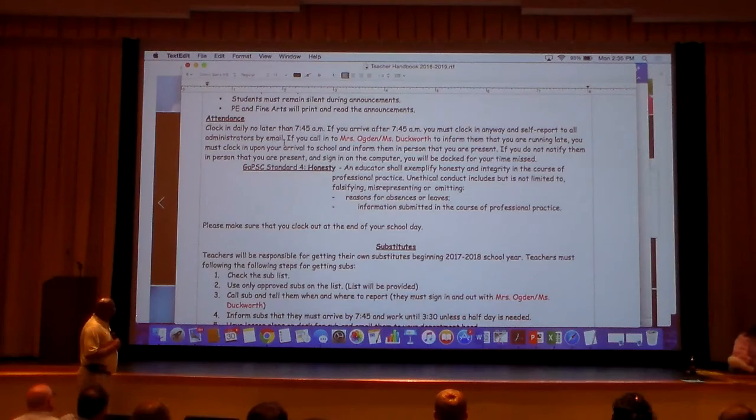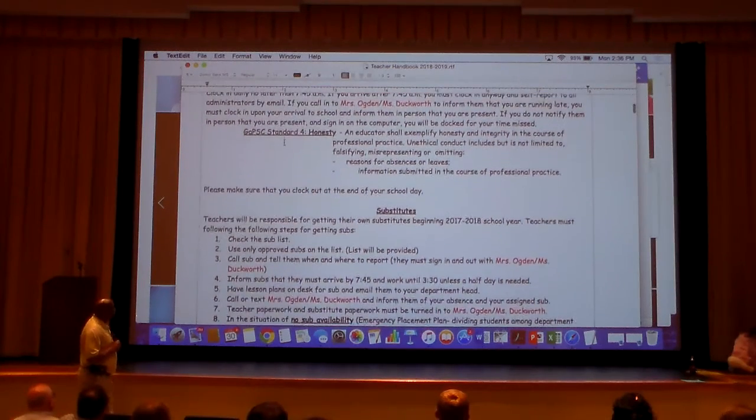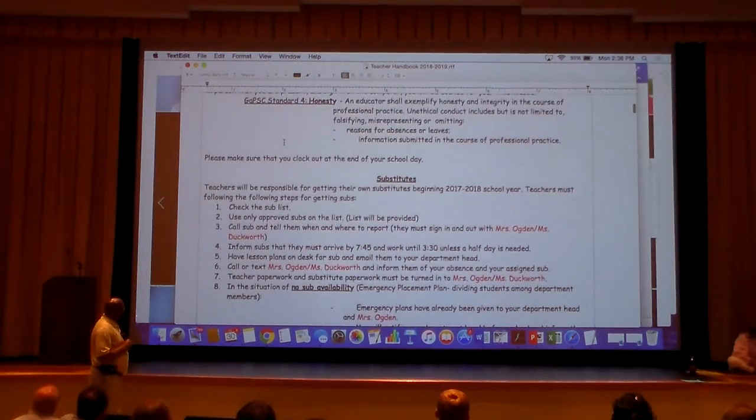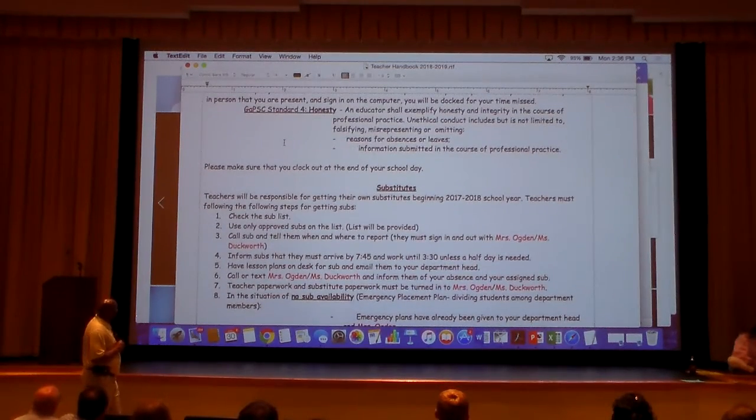Substitutes, you know, we went over yesterday, you're responsible for getting your own subs. So we got the sub list. Please use that approved sub list. You call the subs. They're going to sign in with Ms. Ogden, and that'll change from Duckworth to Pinkston. Tell them they must be here by 7:45, and they stay till 3:30, unless they're just here for a half day.